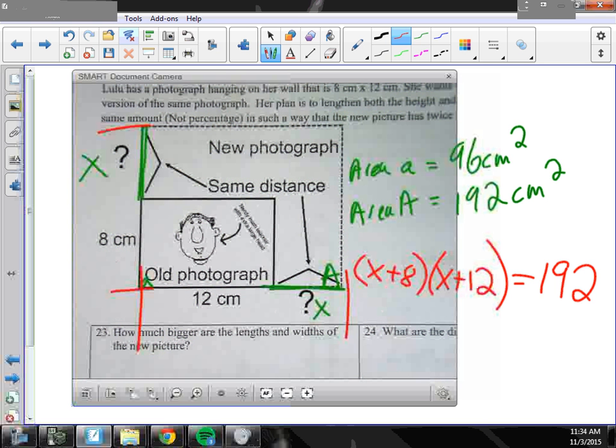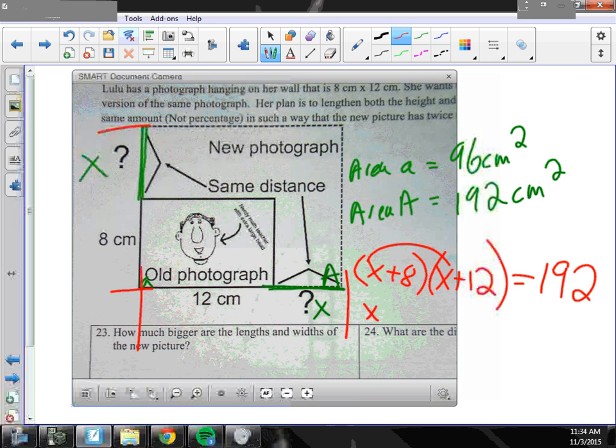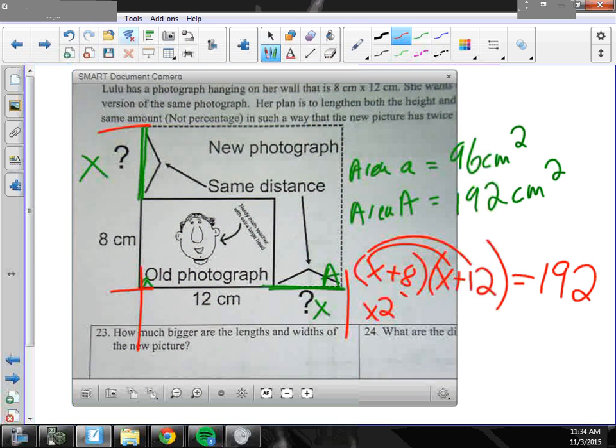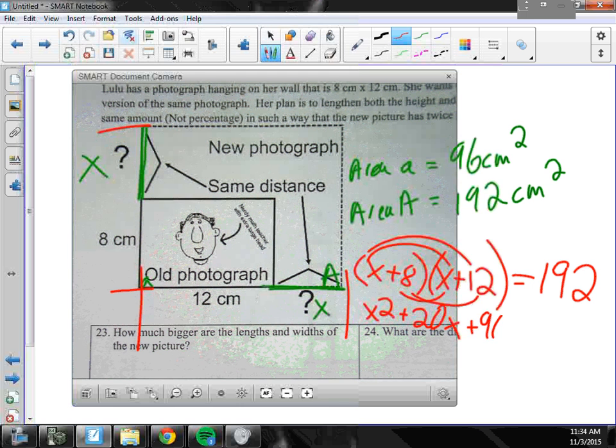Okay, are you guys good at multiplying these in your head now? x squared, then 12x and 8x turn into 20x, and the last one's going to be plus 96 equals 192.